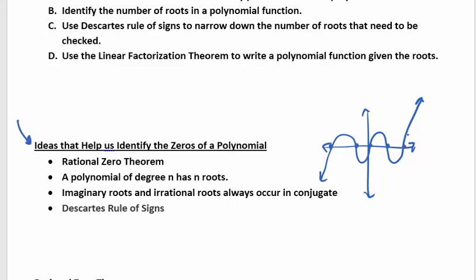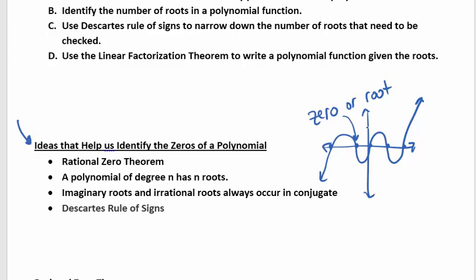And those locations, remember, are the zeros or the roots. So every time we cross here, we call that a zero or a root as we cross over the x-axis.